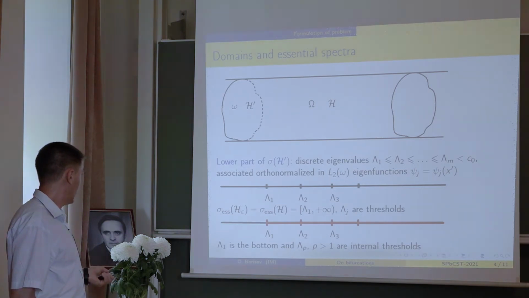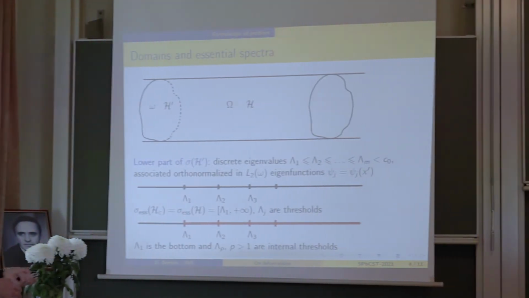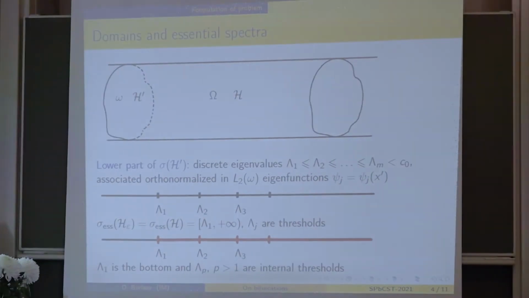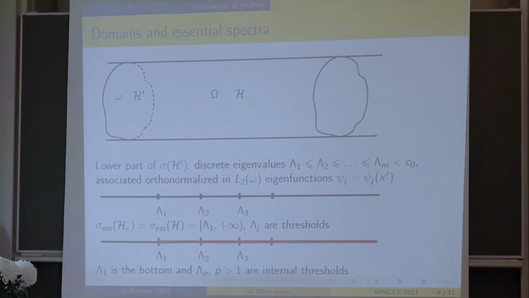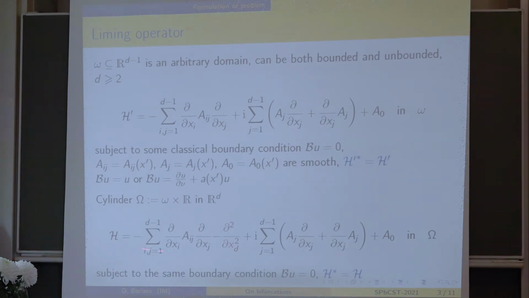And so I still don't have a perturbation here, but just in advance I say that I shall add a perturbation of such form which is localized so that it doesn't change the essential spectrum. So they can just produce eigenvalues and resonances from the thresholds. So this H prime and H, I recall that it looks like this. This is actually my limiting operator, and what I'm going to do now is to introduce the perturbation.